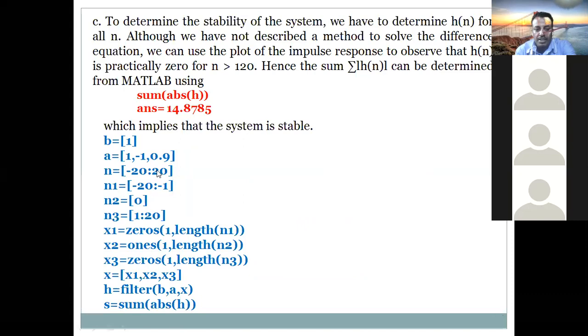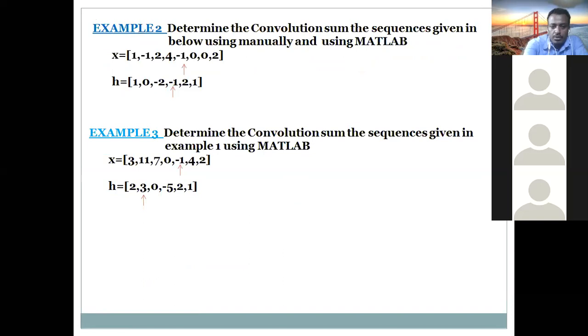Is this S finite or infinite? That is how we check stability. You see this last line? S is equal to the summation of H, where H is the impulse response. Okay, so that is the point you will find here. Summation of H. Is it infinite or finite? You have to check it.